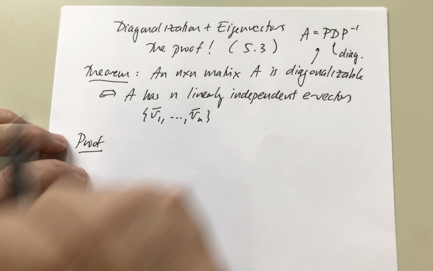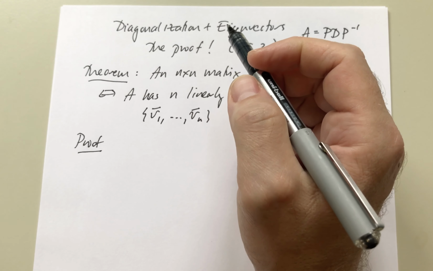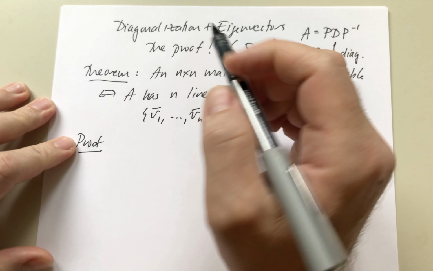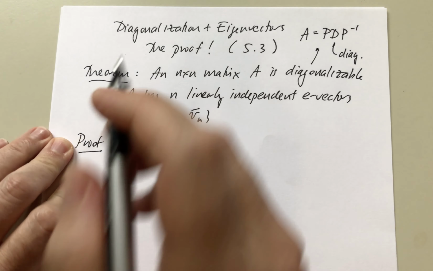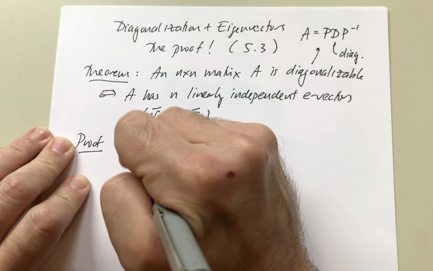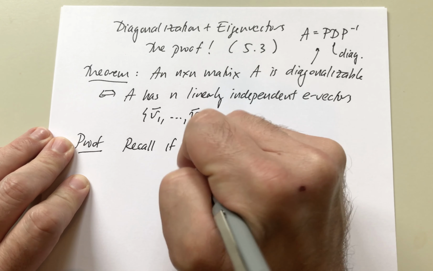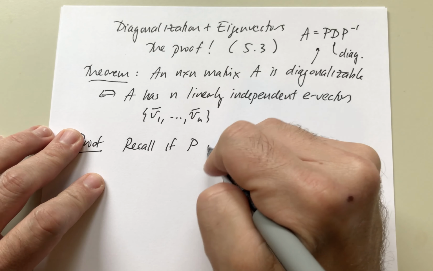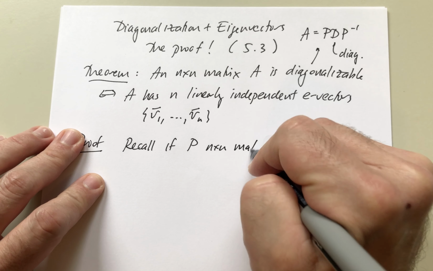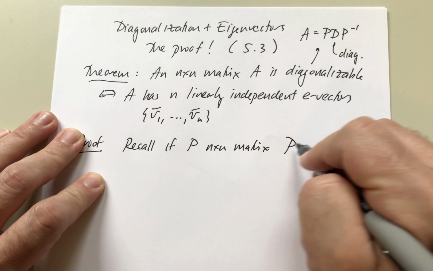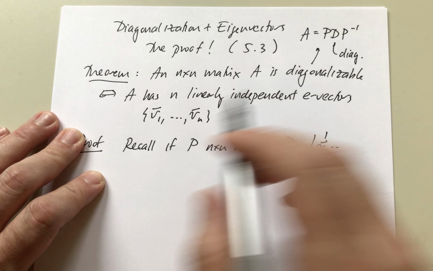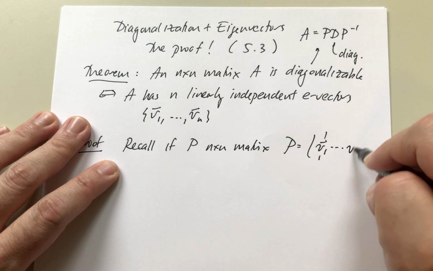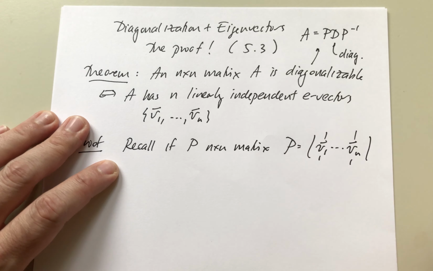The main observation, which I'll write down before I say anything about the statement, is this: recall that if P is an n by n matrix with columns v1 through vn, eventually they're going to be related to these eigenvectors, but for now just think of them as anything. They're the columns of this matrix P.